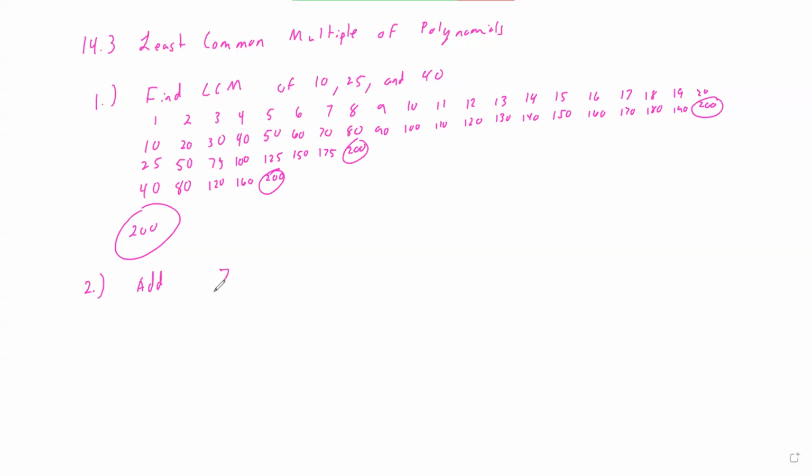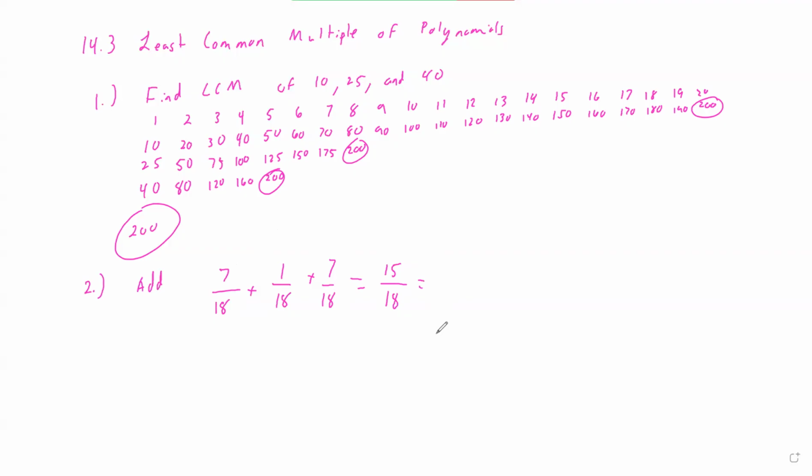We have 7/18 plus 1/18 plus 7/18. When we add fractions, like we talked about in chapter 9, the denominators all have to be the same, and in this case, they are. So the denominator will still remain the same, and then all I have to do is the operation on top. So 7 plus 1 is 8, 8 plus 7 is 15, and so then I get 15 over 18.